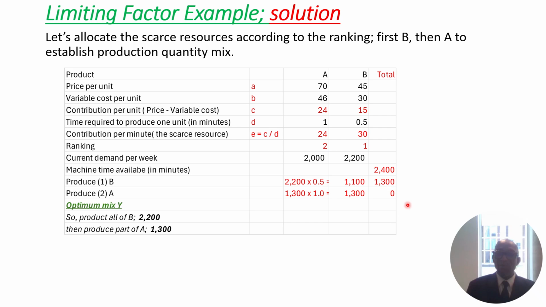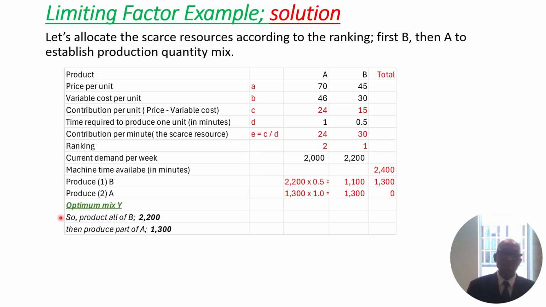Now, working backward, we can look at the available minutes, which is 1,300, and divide it by the time required to produce one of A. We need 1 minute to produce one, so we will be able to produce 1,300 of product A. So 1,300 times 1 is the balance, 1,300 minutes, utilizing the remaining available minutes.